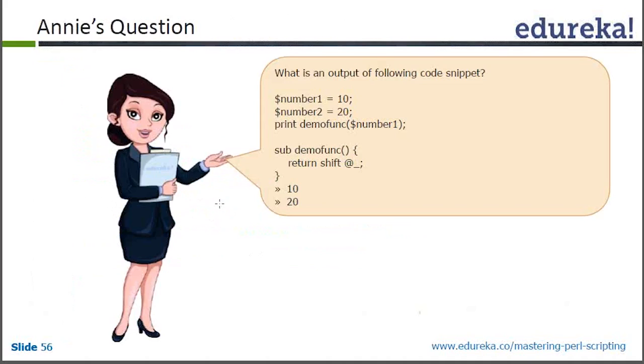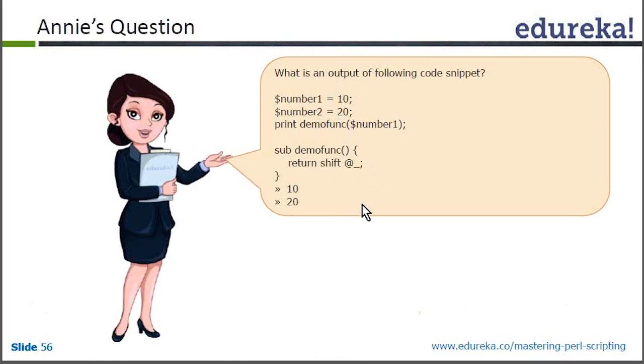So let's see this. What is the output of the following code snippet? $number1 equal to 10, $number2 equal to 20, print demo function number 1. So return shift @_. So what will happen is we are passing 10, 20 and we print demo number 1. So we are passing 10, and return shift.